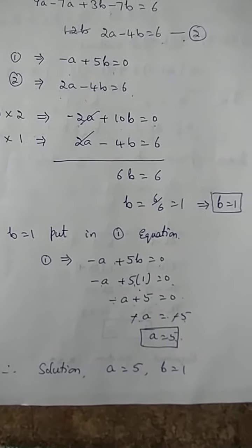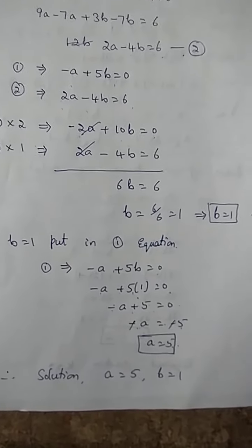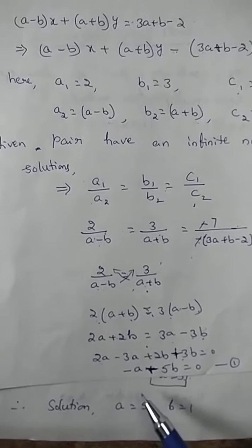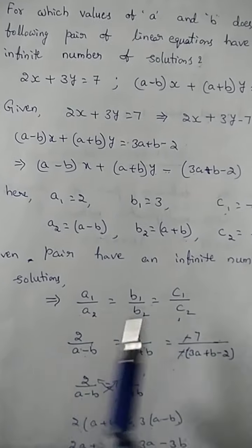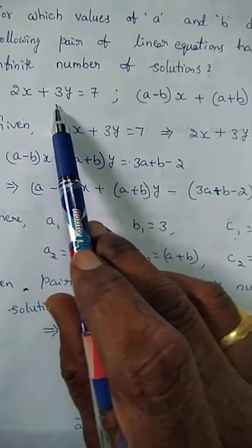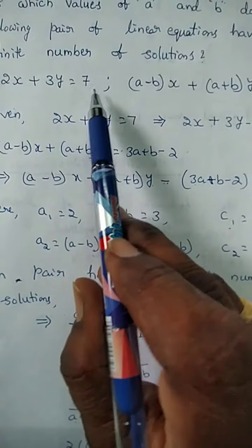In the question, they asked to find the a and b values so that the given pair of linear equations has infinitely many solutions. Just check it by substituting those values. So we can see whether the pair of linear equations has infinitely many solutions or not. 3x plus 5 is 3y equals 7.